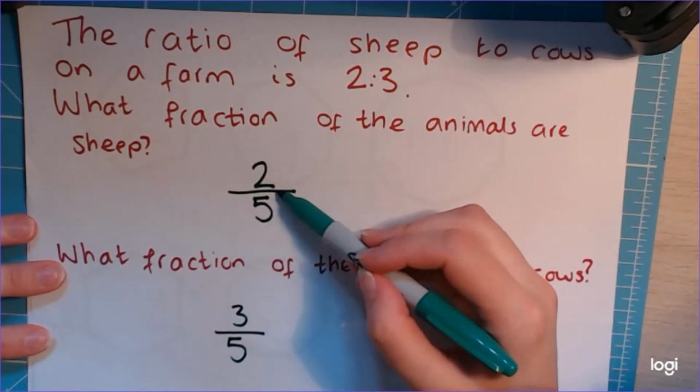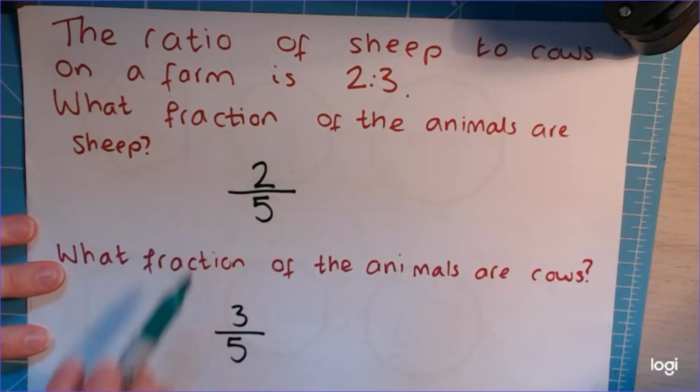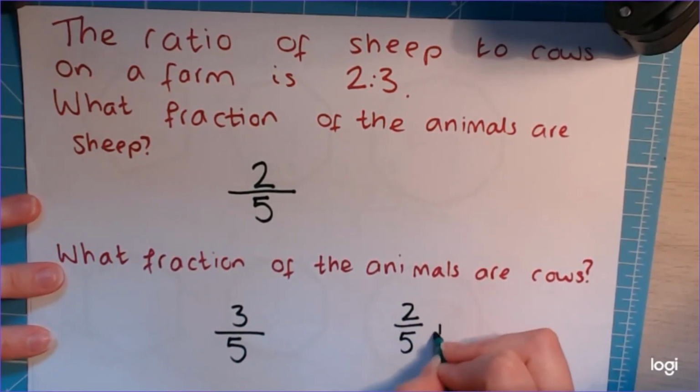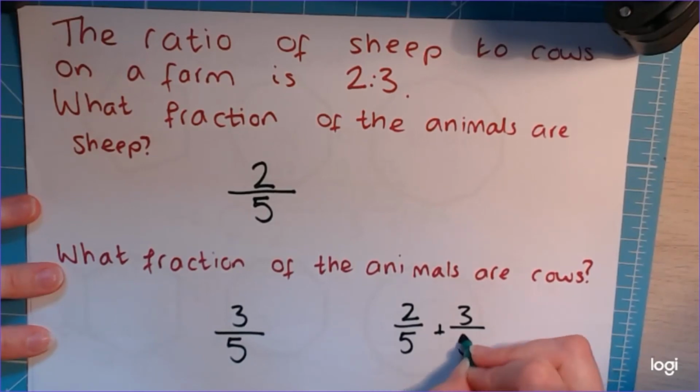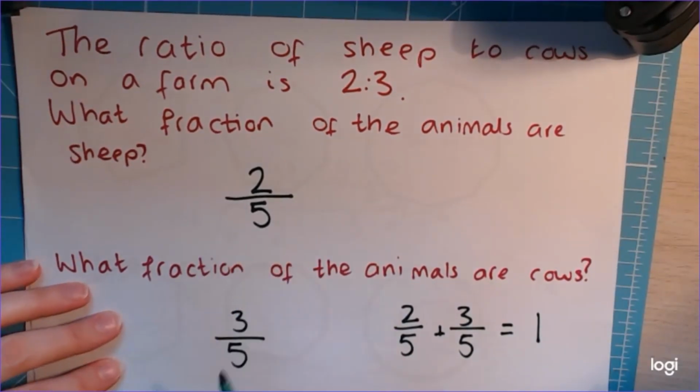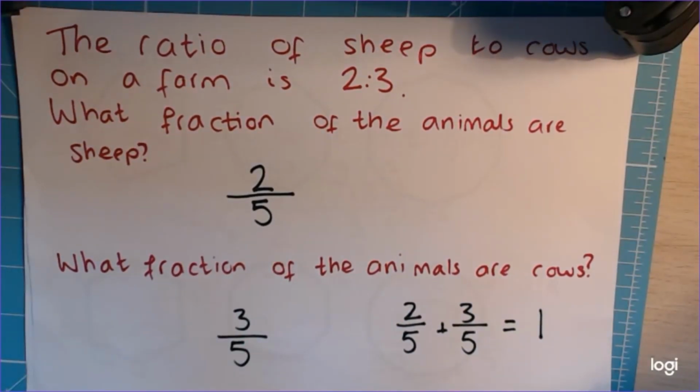And quite nicely, if you notice, the 2/5 adds to 3/5. I'm just going to pop this over here, look. 2/5 add 3/5 does equal 1. Okay, which is nice, isn't it? Because we know we've not missed anything. Everything's accounted for there. We've not lost anything. No sheep have just run off down the road.